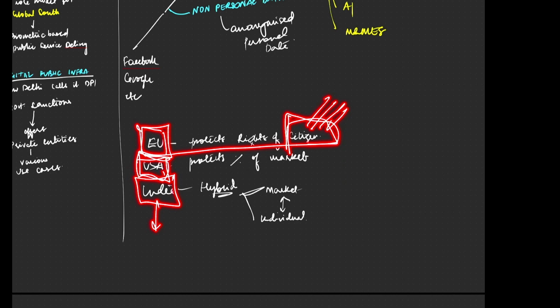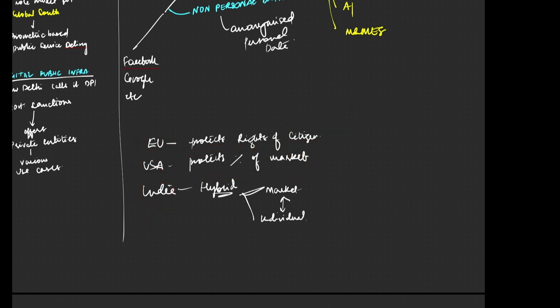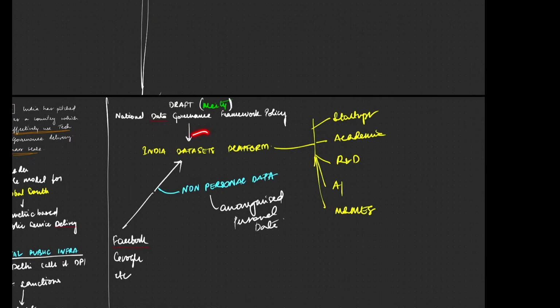In the USA, data policy is mostly regulated by the markets, I mean, whether it's helping the market or not. And this is what India's policy is going to be. He said India's policy is going to be a hybrid of this. So it's also going to take care of the market, provide for the market, and also take care of the individual, and will also have the data for itself.